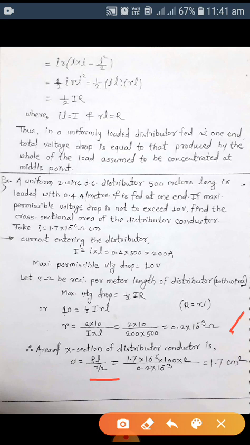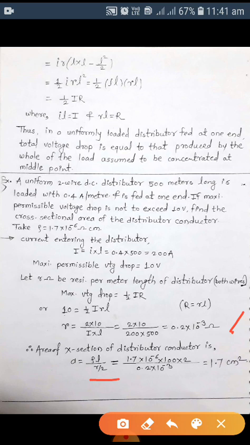So a is equal to 1.7 into 10 raised to minus 6, which is specific resistivity rho, into 100 into 2 divided by 0.2 into 10 raised to minus 3.